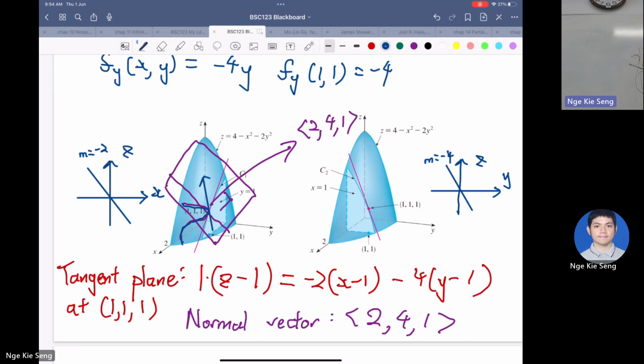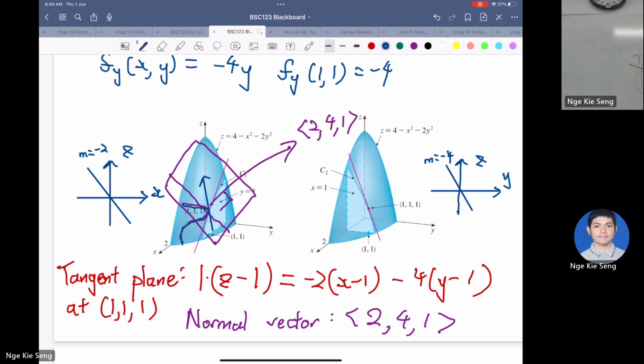So if you imagine one dimension, you got a line. The only two directions you can go are forward or backward, so you just have a tangent line. You don't have a tangent plane in one dimension, but in two dimensions you have a tangent plane because there are two dimensional directions you can go.